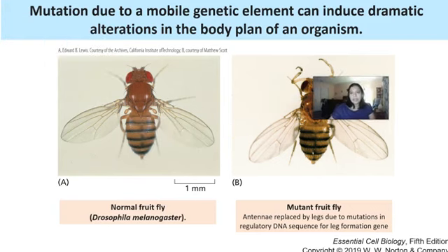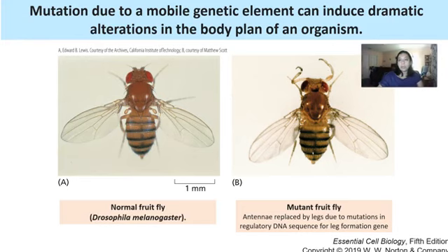Another driving force, again a major one, is these mobile genetic elements. Now, mobile genetic elements or jumping genes can induce many changes in the organism, both at the sequence level and also at the phenotypic level, because they can disrupt both the regulation of the gene or the presence or absence of the protein product from that gene.